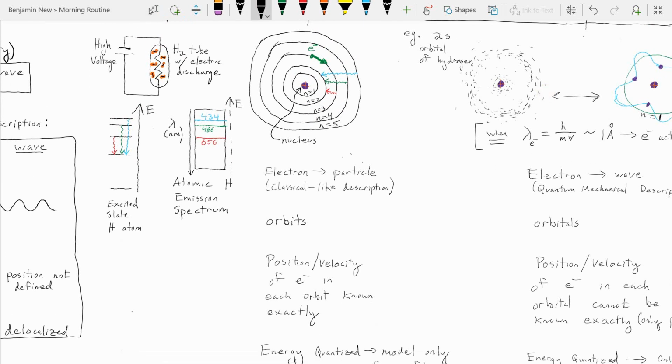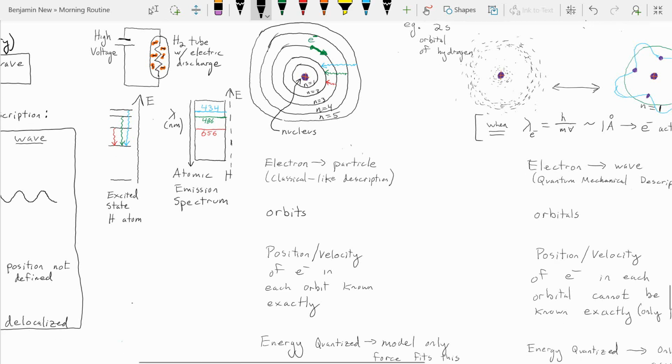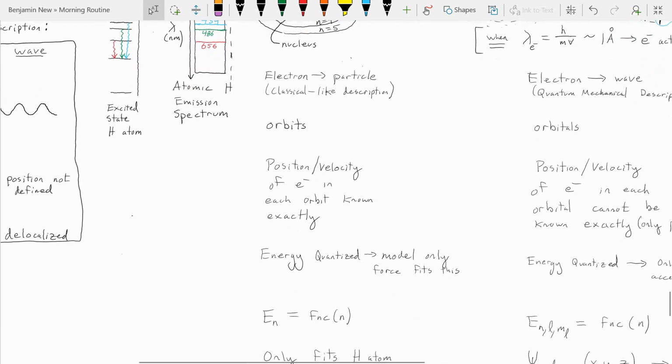Now, the position and the velocity of the electron in any of these given states, n equals 1, 2, 3, 4, or 5, is known exactly at every point in time. So that's why the electron is a classical particle in this description.